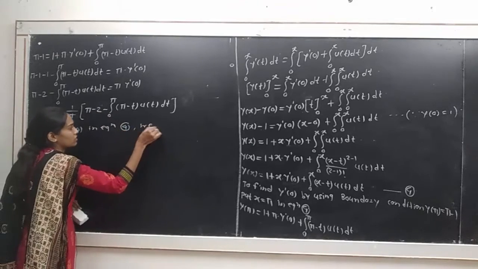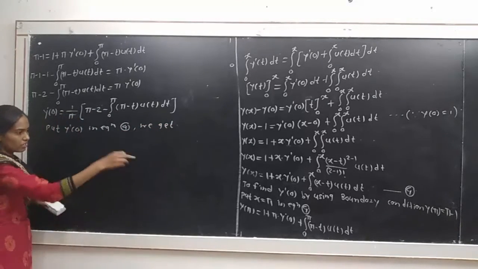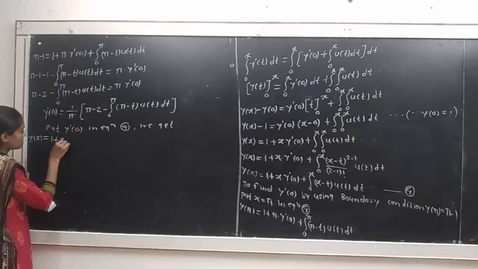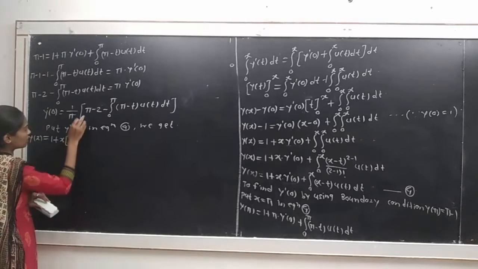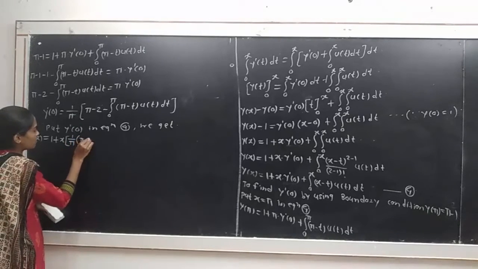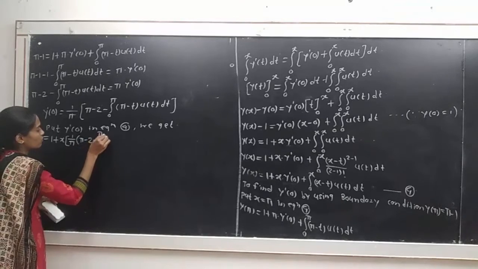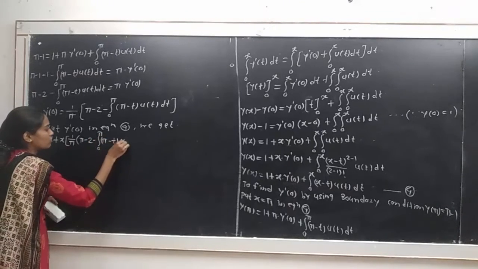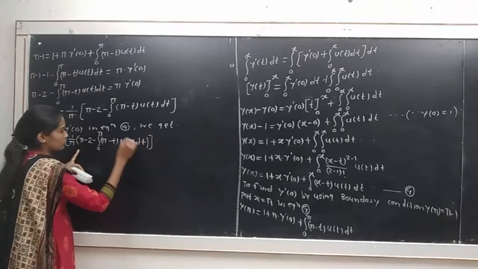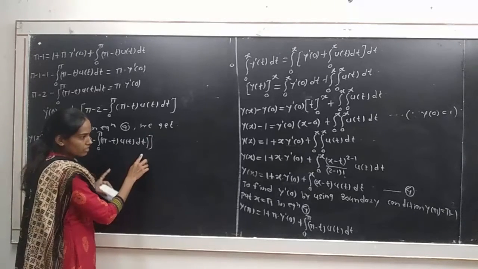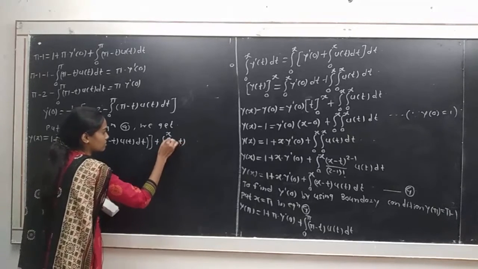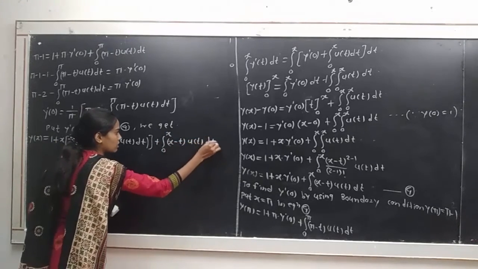We get, that is equation number 4 becomes y of x is equal to 1 plus x into y dash of 0, which we write in bracket, that is 1 by pi in round bracket, pi minus 2 minus integration from 0 to pi of (pi minus t) into u of t dt, round bracket complete, close bracket complete, plus integration from 0 to x of (x minus t) into u of t dt.